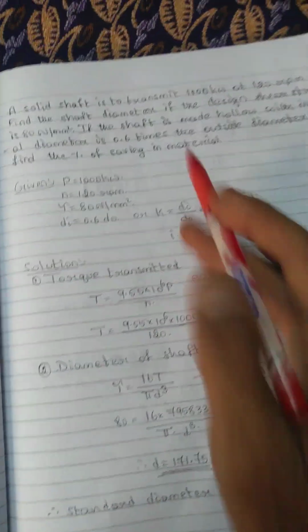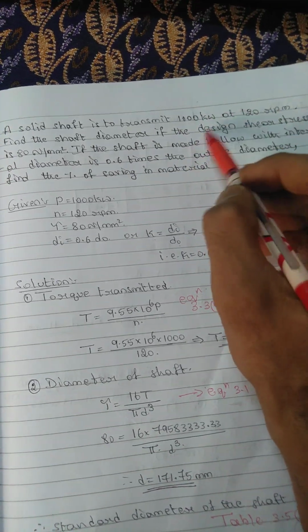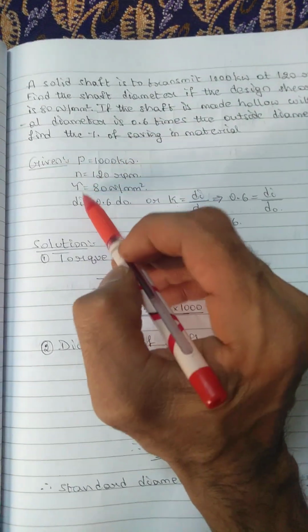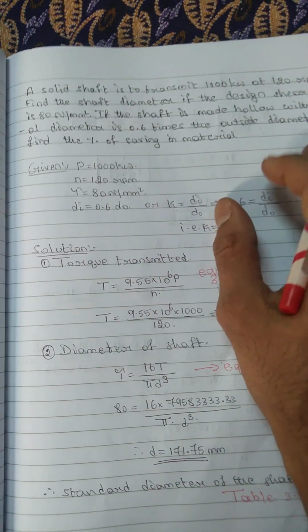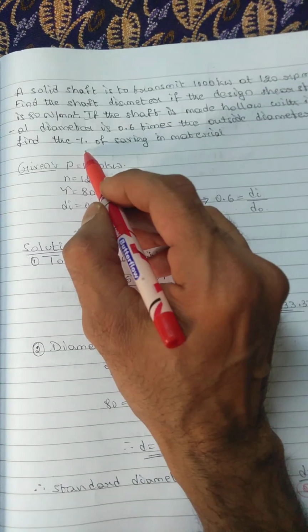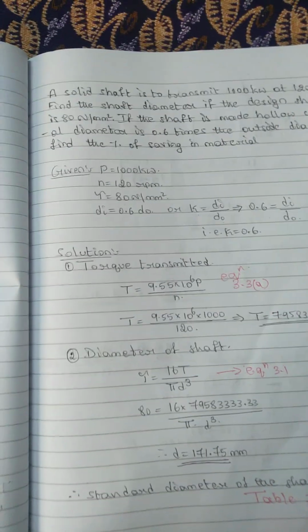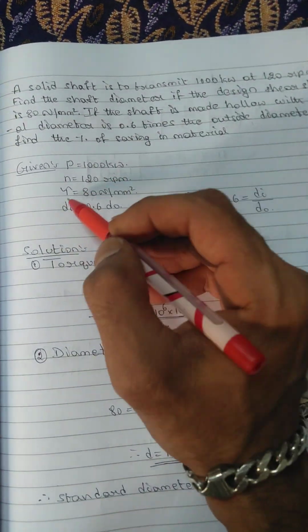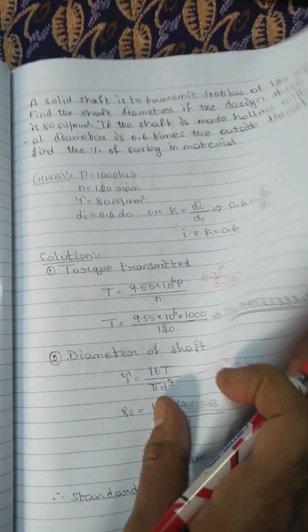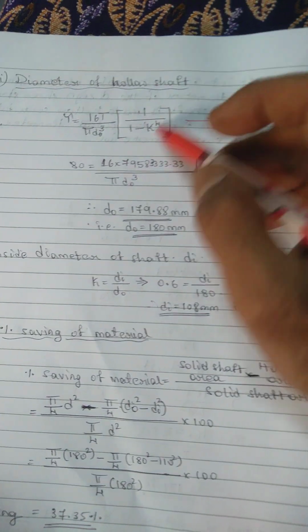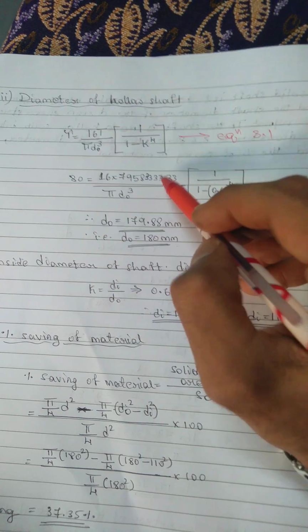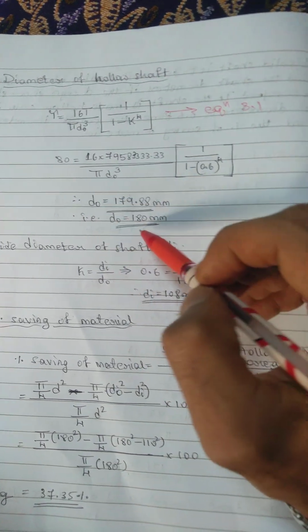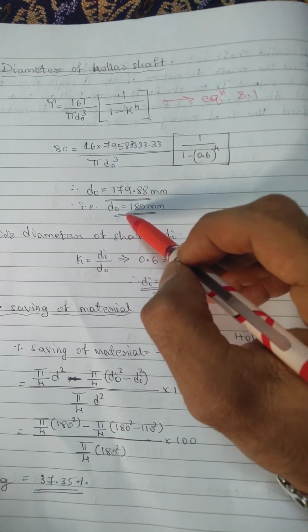Irrespective of solid or hollow shaft, the torque transmitted and the shear stress are the same, they are kept equal, because we are calculating only the percentage saving of material. No torque or stress changes are considered, we have kept them constant. So use the same values.